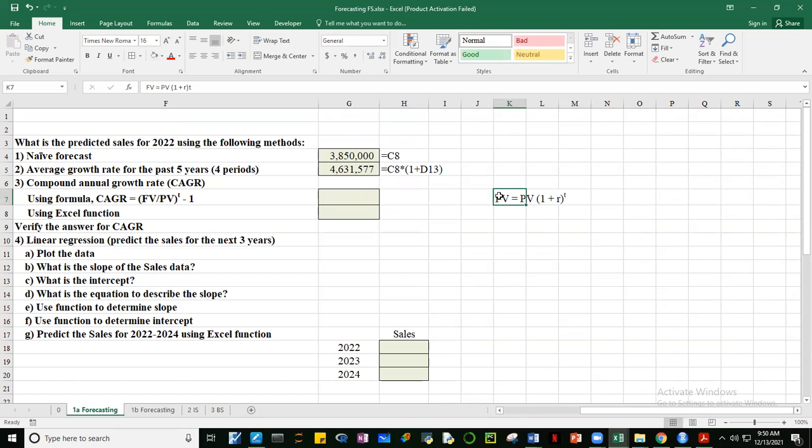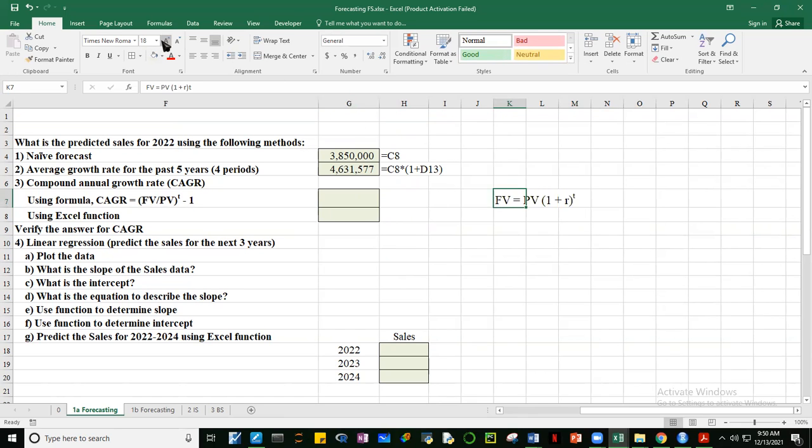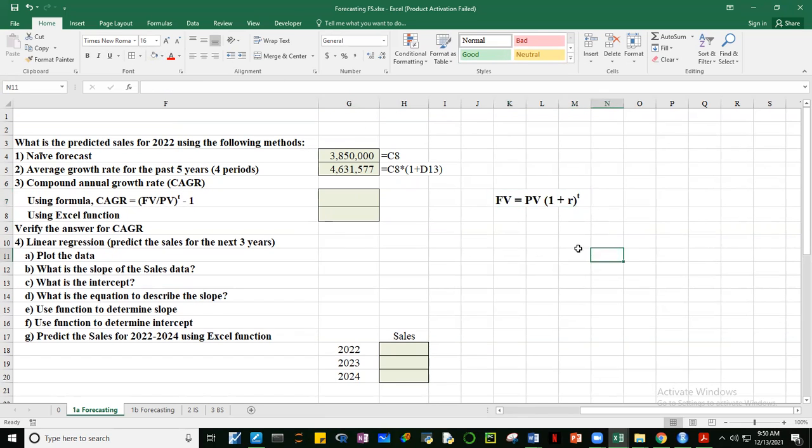Okay, so we get it from this one. That's the relationship between your FV and PV. You know the future value, you know the present value. You can compute for the rate. In our case, if we're just using the FV and the PV, the r here will represent your CAGR.